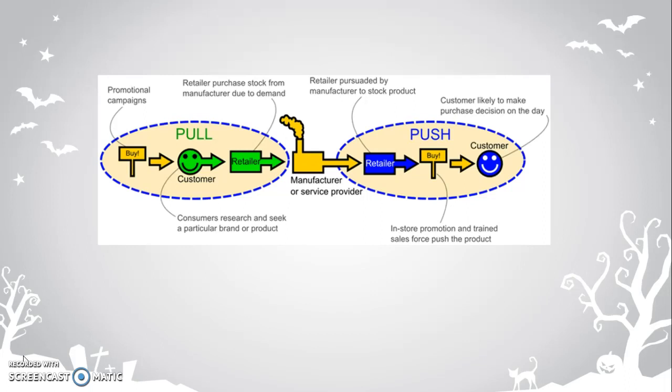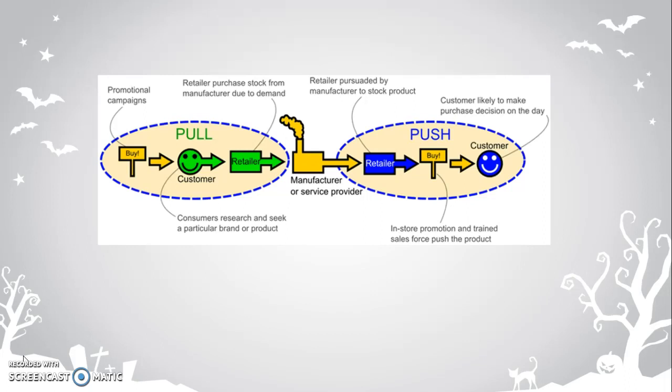We get them interested and create a kind of need, and then they go to the retailer to purchase the product, whatever you're trying to sell. That is the pull method. And obviously the retailer buys it from the manufacturer.